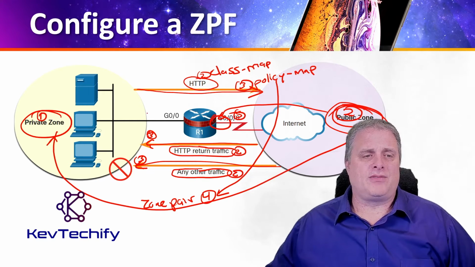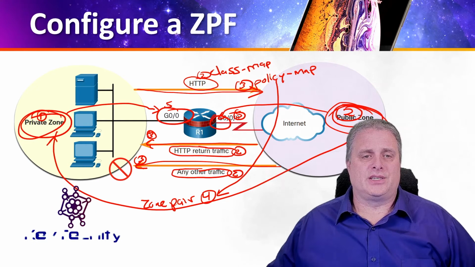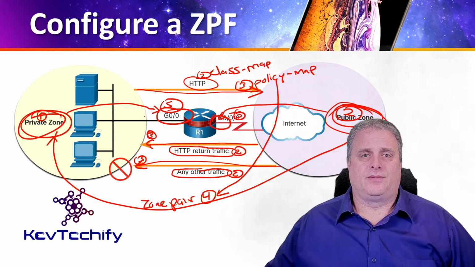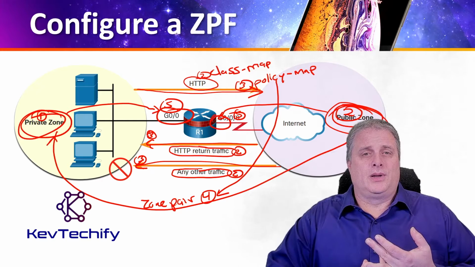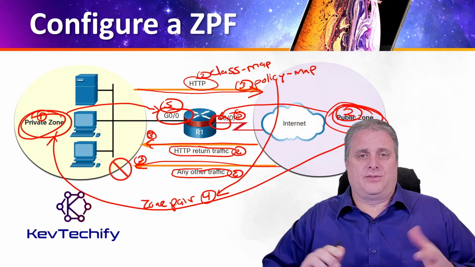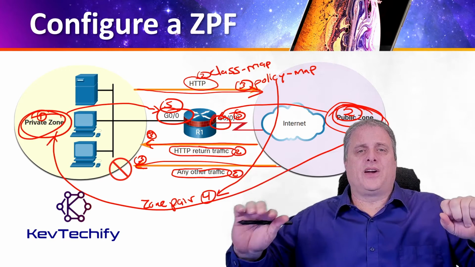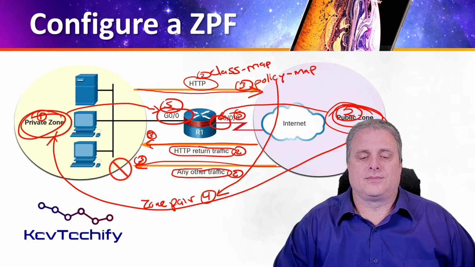Over here we have our private zone. We're going to apply that to our Gig 0/0 interface. This is step 5. So you create the zone, you identify the traffic with a class map, you define an action with a policy map, define your zone pairs, and then you finally assign your zones to appropriate interfaces.